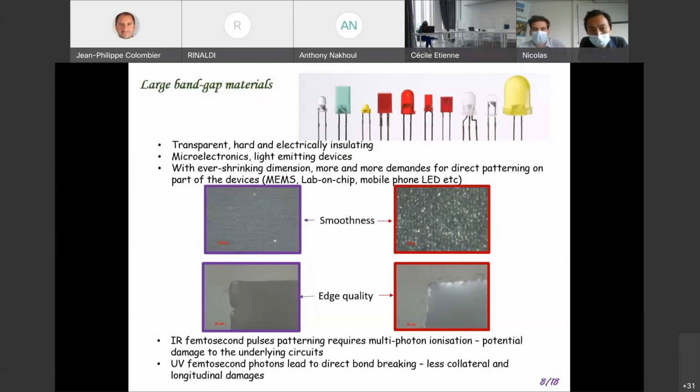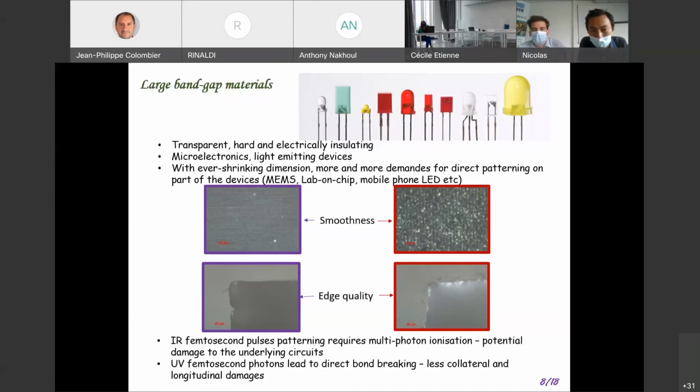And as we all know, with ever shrinking dimensions there is more and more demand for direct patterning on parts of the devices to realize some functionalities together with the microelectronics and light emitting devices.